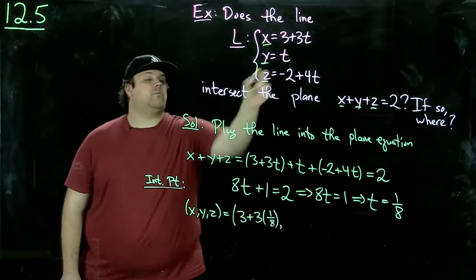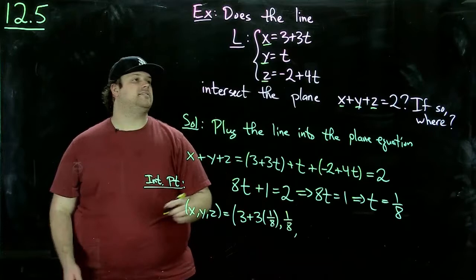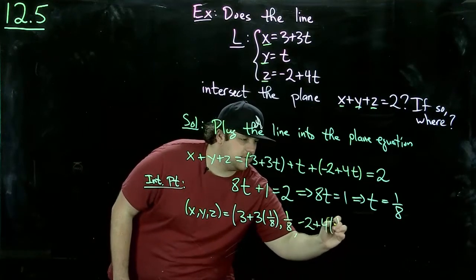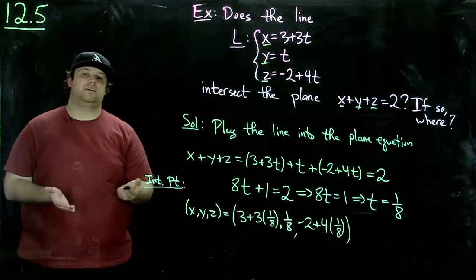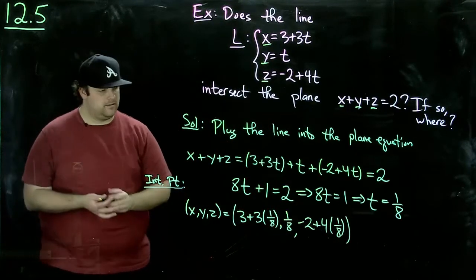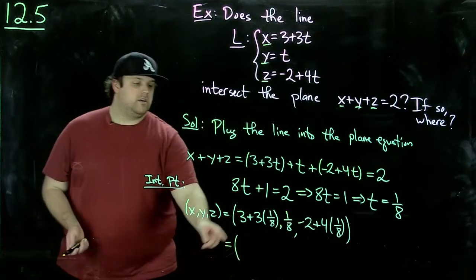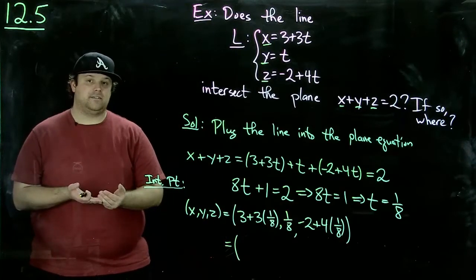The y is just 1/8. And the z is minus 2 plus 4 times 1/8. Now we just have to simplify that. Everything in here should have a denominator of 8.